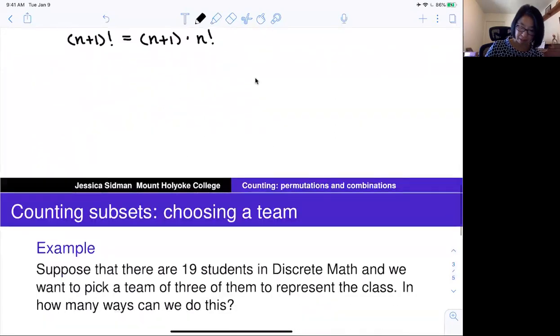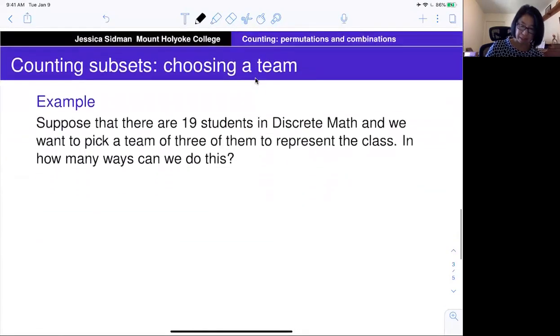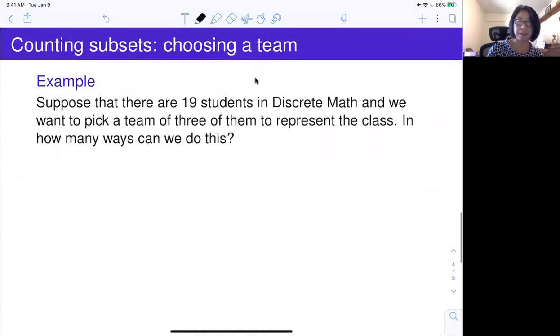All right. So let's see how we can use factorials in an example, say where we're trying to choose a team. So suppose we have 19 students in discrete math, and we want to pick a team of 3 of them to represent our class in, maybe, a discrete math contest or something. In how many ways can we do this?